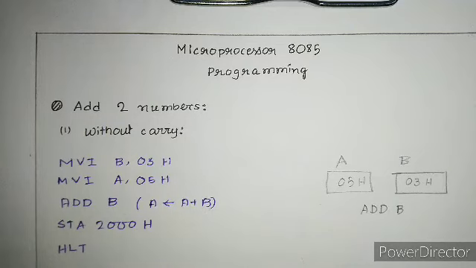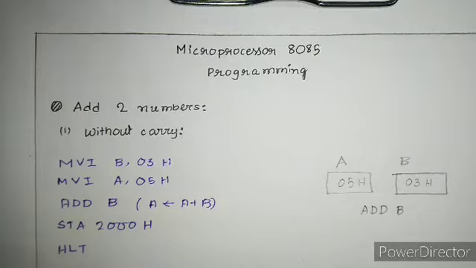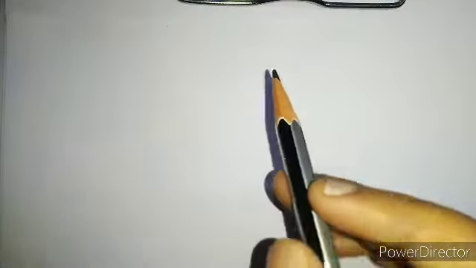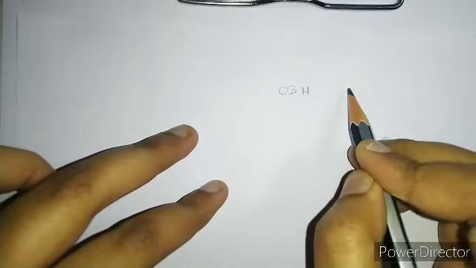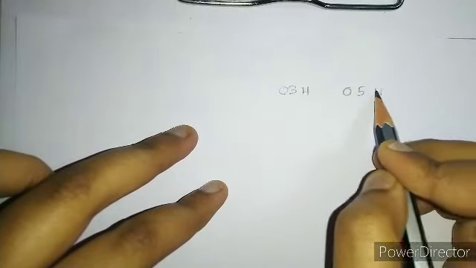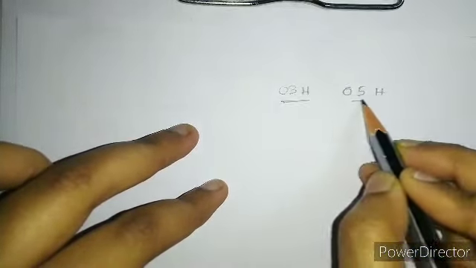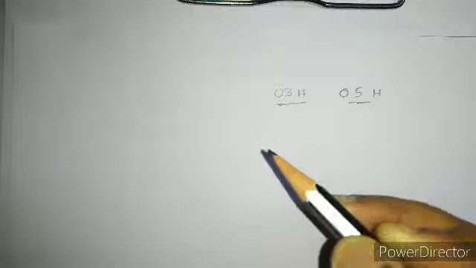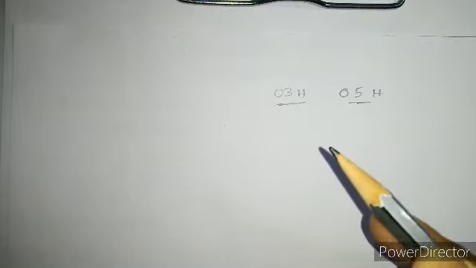So what our task is, we are given two numbers that we have to take in several registers. Suppose the numbers are 03H and 05H. We have to take them into different registers and add them, then store the summation at a particular memory location.